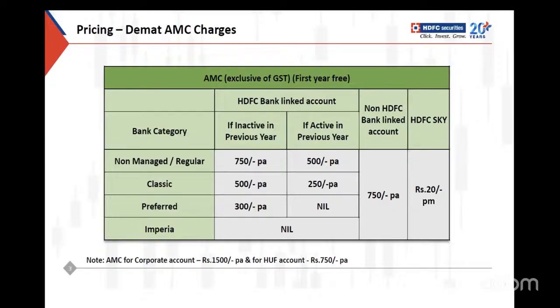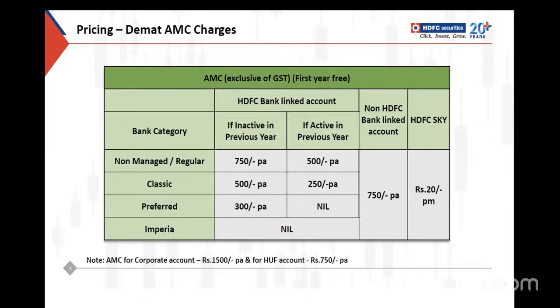Now, if your account is inactive in the previous year, because the first year it is free, and you come under the non-managed or regular category, then the AMC charge is 750 rupees per annum. If you come into the classic category and your account is inactive, then it is 500 per annum. If you come under the preferred category, it is 300 per annum.